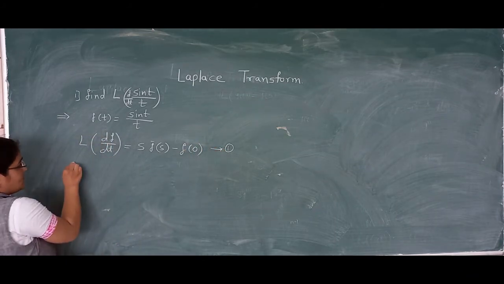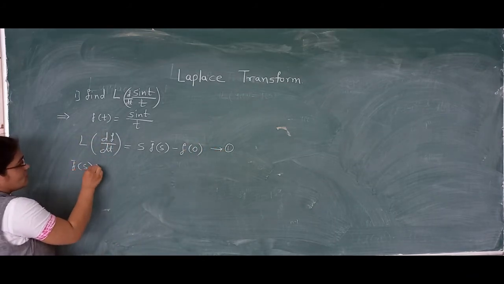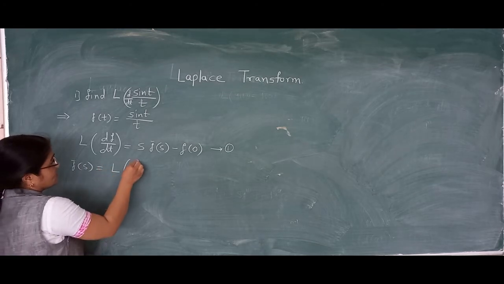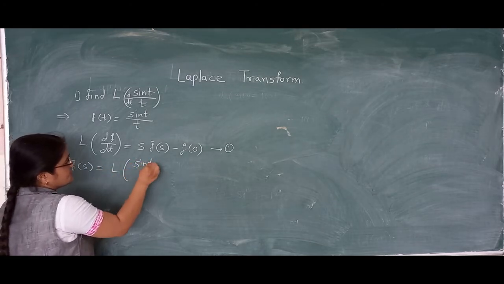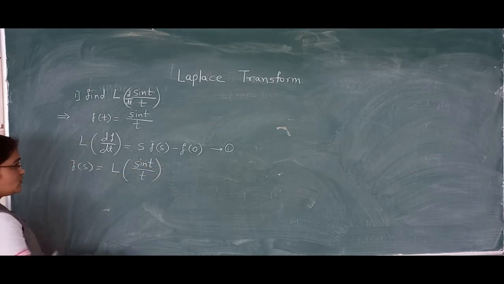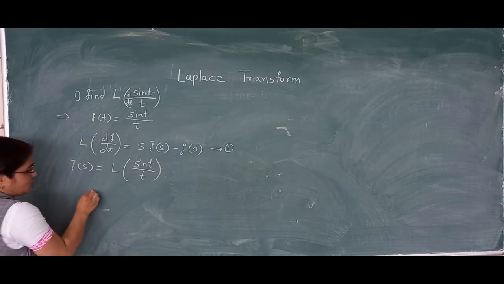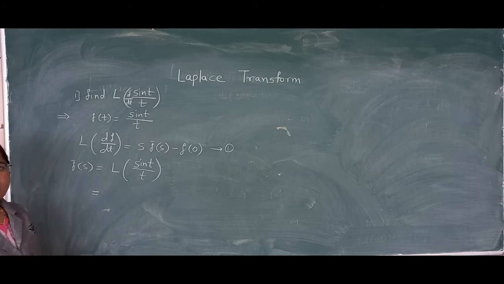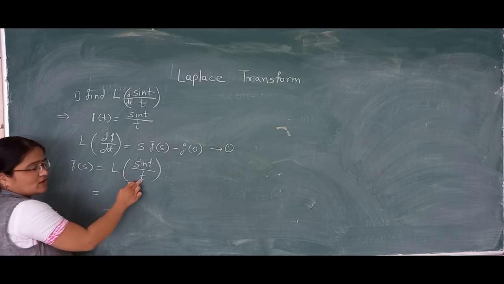Now our aim is f bar of s. What is f bar of s? It is nothing but the Laplace of sin t upon t. What is the Laplace of sin t upon t? Now it is the function divided by t property.